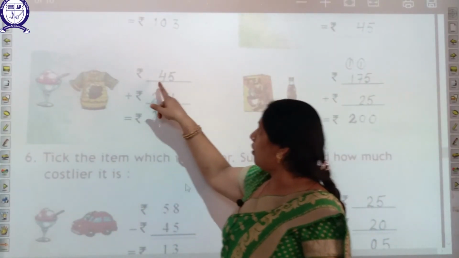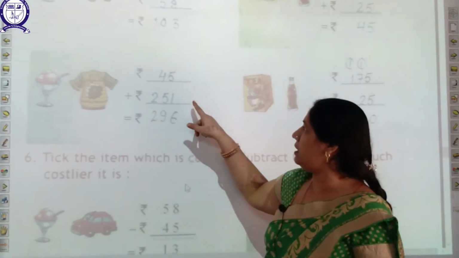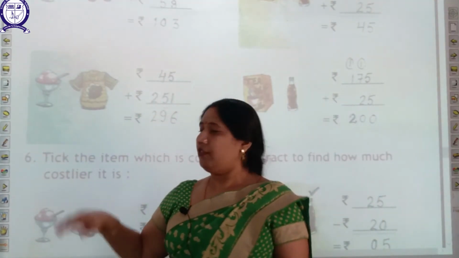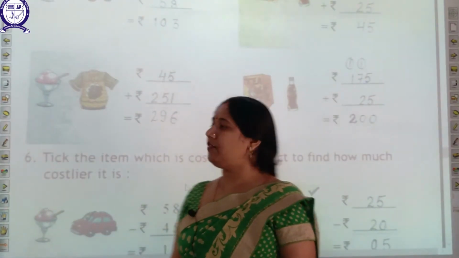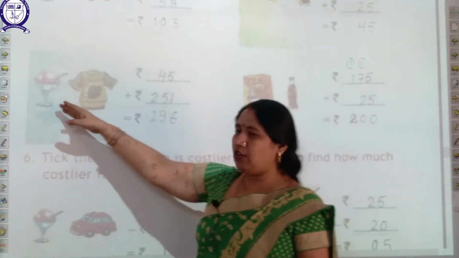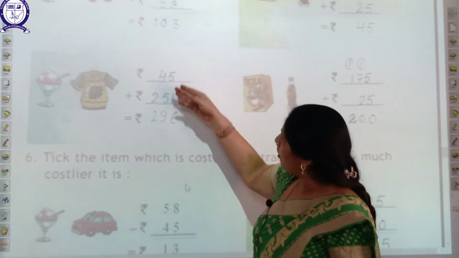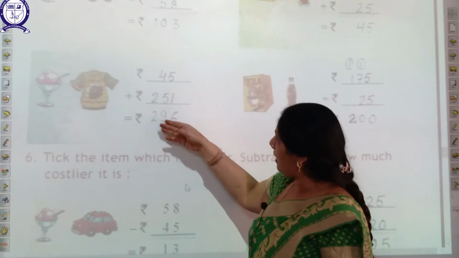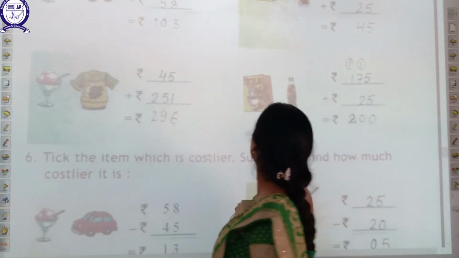Ice cream is 45 rupees and the t-shirt is 251 rupees. Firstly you have to write the cost of the t-shirt, and after that you have to write that of the ice cream. So 5 plus 1, 6, 4 plus 5, 9, and here 2. So the total is 296.